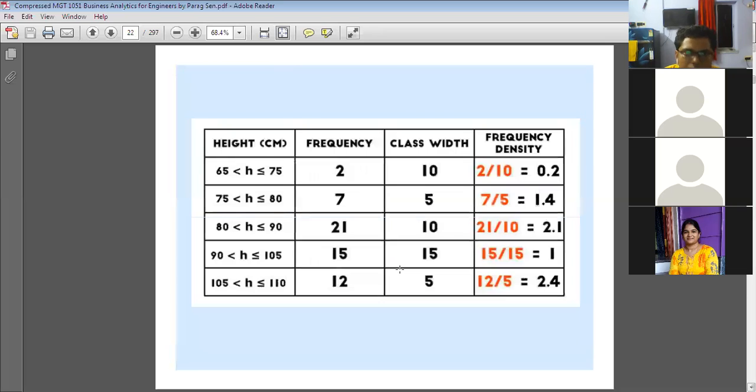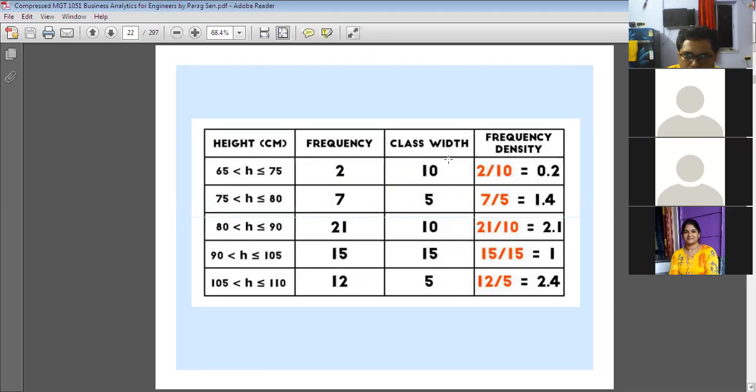Now, for example, suppose I have taken this kind of class width. One range is 65 to 75, another is 75 to 80, 80 to 90 is one range, 90 to 105 is one range, and 105 to 110 is another range.